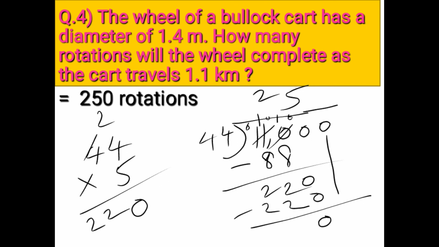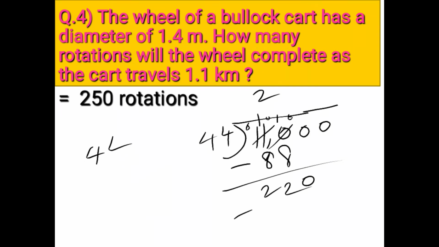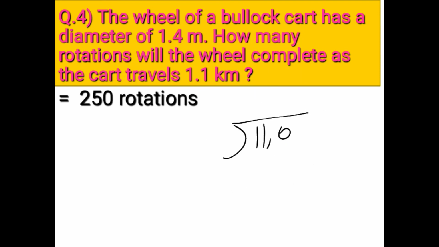Now this 0 you have to bring down. 44 zeros are 0. Any number multiplied by 0 is 0. Okay. So the quotient I am getting is 250 rotations.